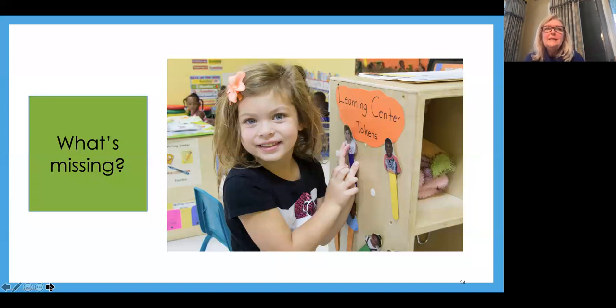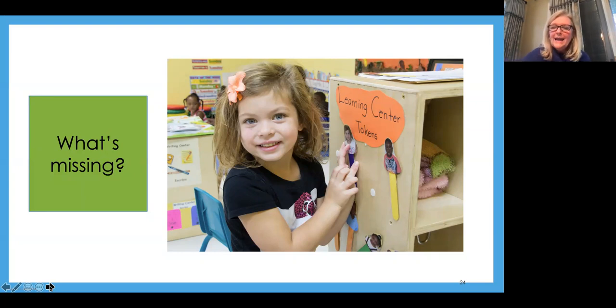The other thing to think about is the things that we already do, the things in our environment that might be a missed opportunity, such as this one where they used little sticks with the photos on them for their different centers, because this was a classroom where only so many children could be in a center at a time.